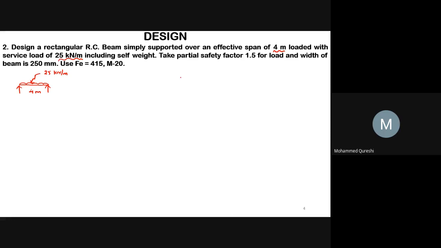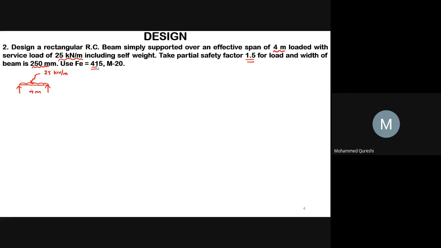Then take partial safety factor 1.5 for load and width of the beam is 250 mm. Use Fe415 and M20 grade of concrete.